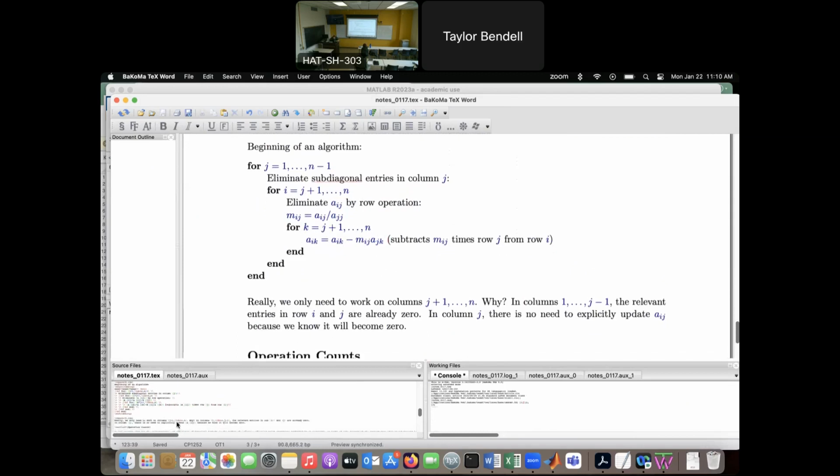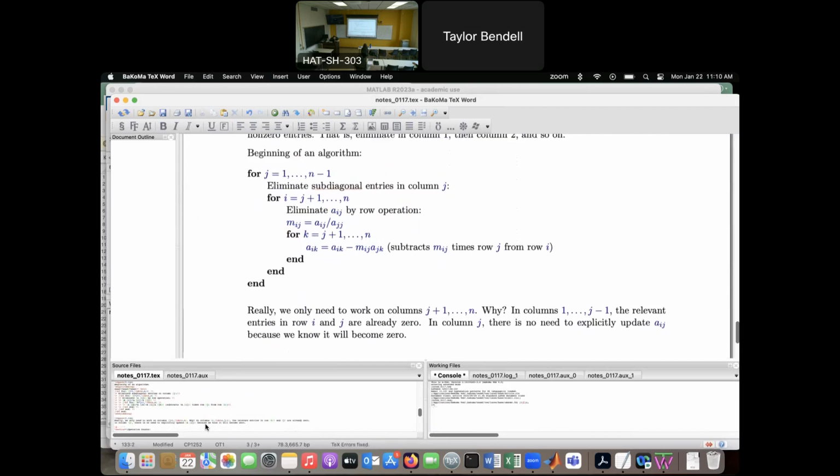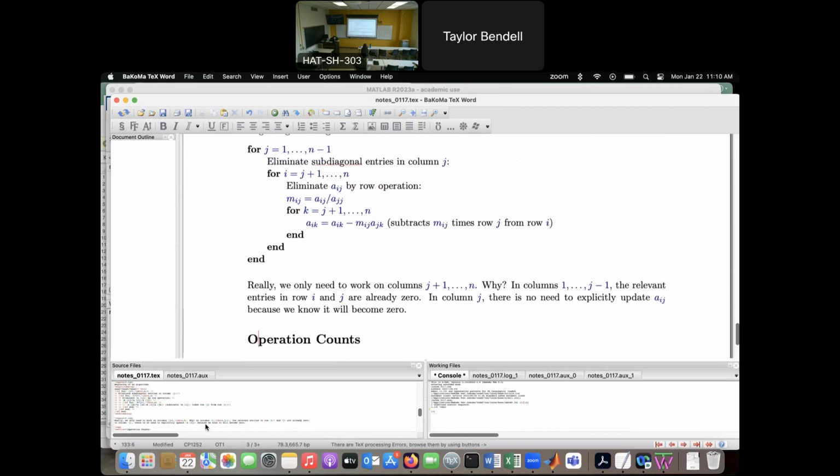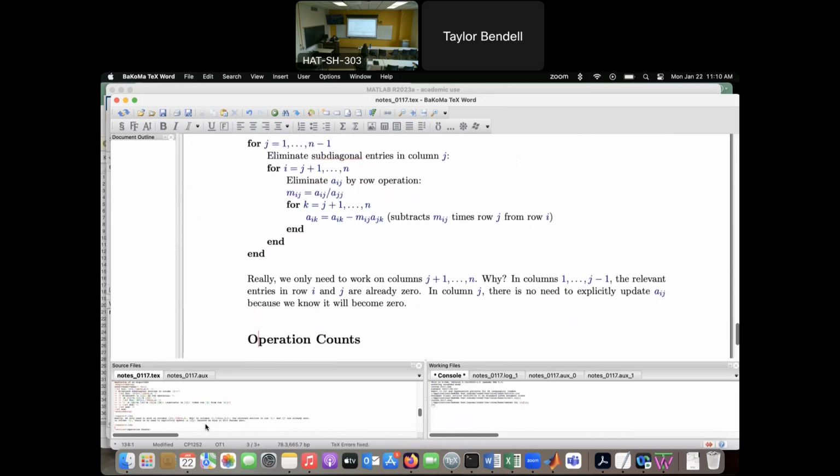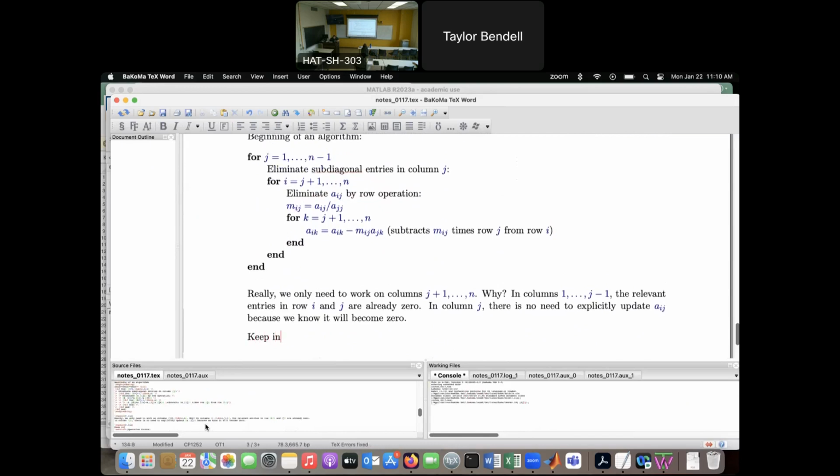Okay. So continuing from that point, we're solving a system AX equals B. And what we've just done, this algorithm here, is performing row operations on the matrix A. But whatever we do to one side of the equation, we must do to the other side.